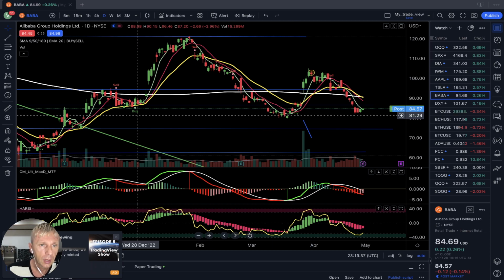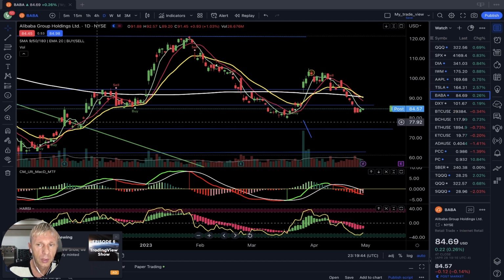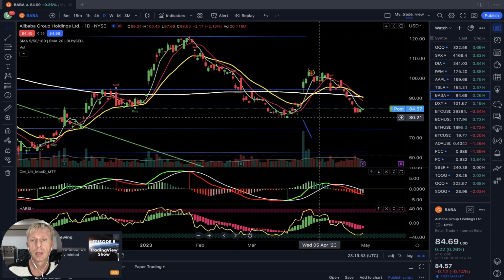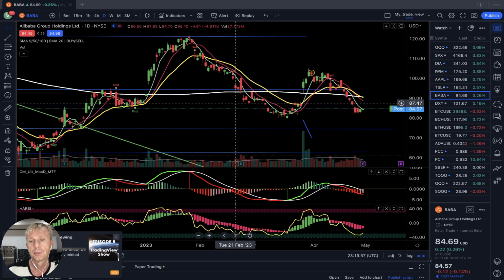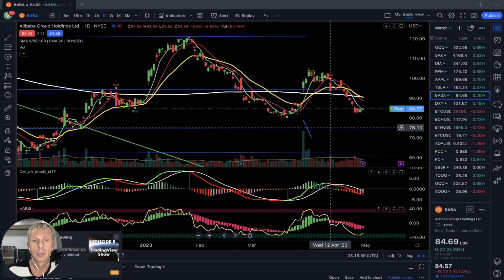And here is another gap over here around 77. Yeah, it should test this level at least to make a double bottom, or maybe even this level.